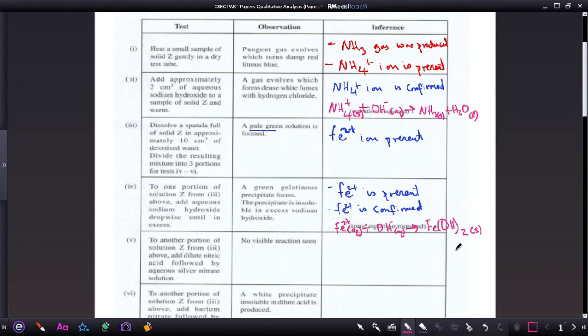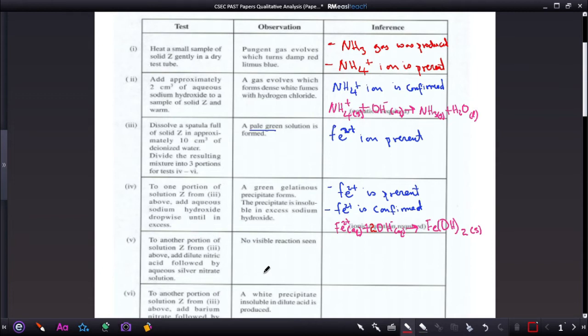PPT, if it's a precipitate, you should put solid in the bracket. And so that is how you know which state symbol should be there. And to balance this equation, you put a 2 beside the OH to balance the 2 OHs that are on the right hand side of the equation. So that's the ionic equation.